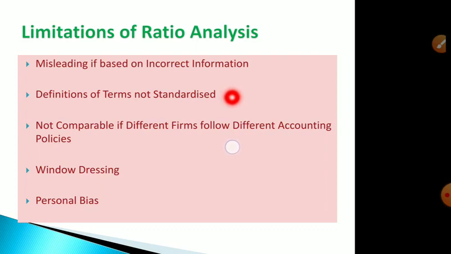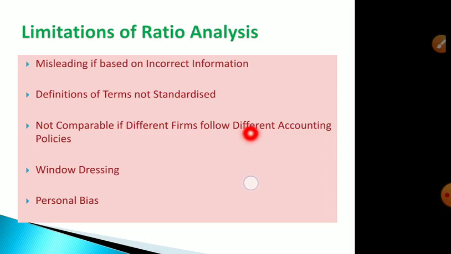Some firm may find out the profit after interest and tax, others may find out the profit after tax but before interest, or someone might find the profit before interest and tax. All these things will make it difficult for us to compare the ratios of different firms.